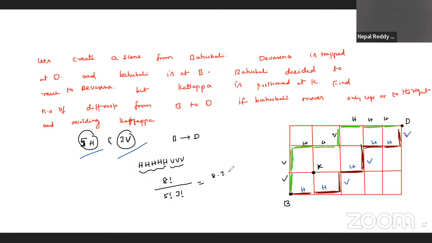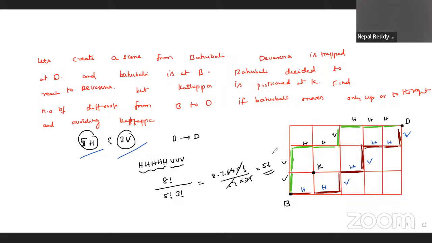So 8 into 7 into 6 into 5 factorial by 5 factorial into 3 factorial. 5 factorial gets cancelled, 6 gets cancelled. The total number of ways is 56. Total there are 56 ways.